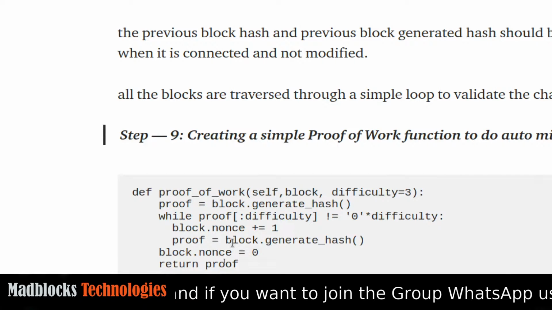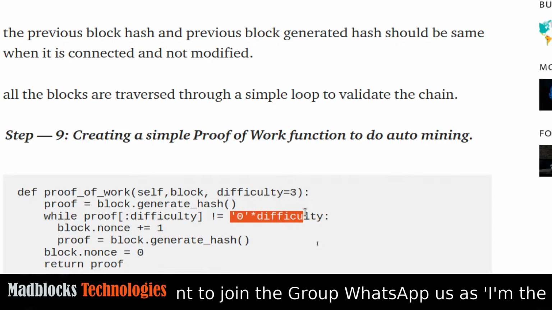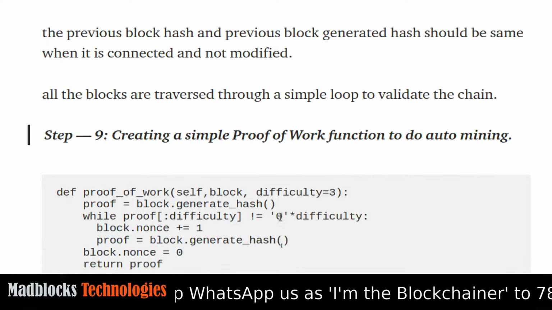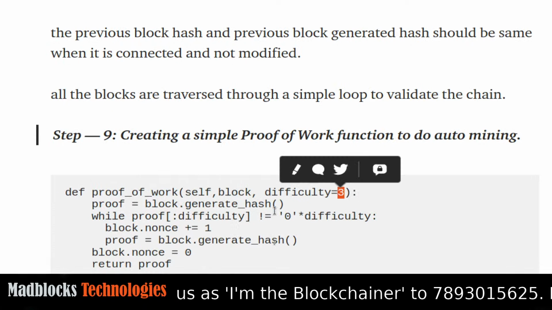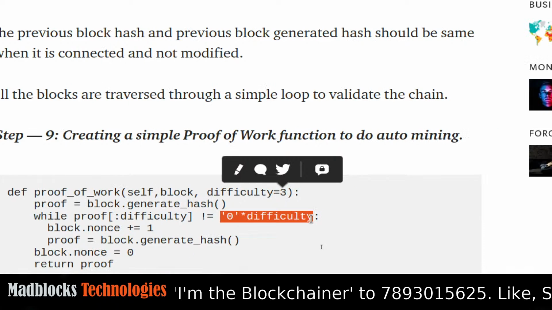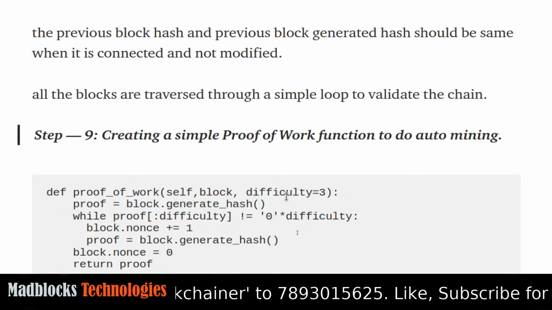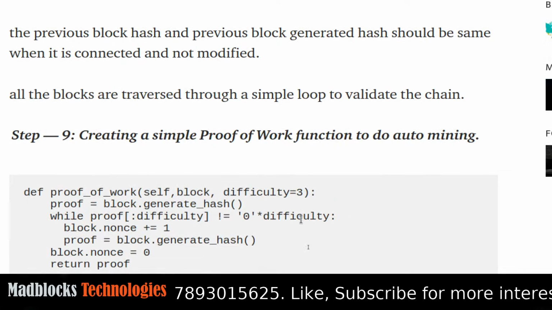Here we see '0' into difficulty. 0 into difficulty is nothing but the character '0' in single quotes multiplied by 3, since the difficulty level is 3. So '0' into 3 is 000, which means 3 zeros. When the difficulty is 8, then '0' into 8 is nothing but 8 zeros.